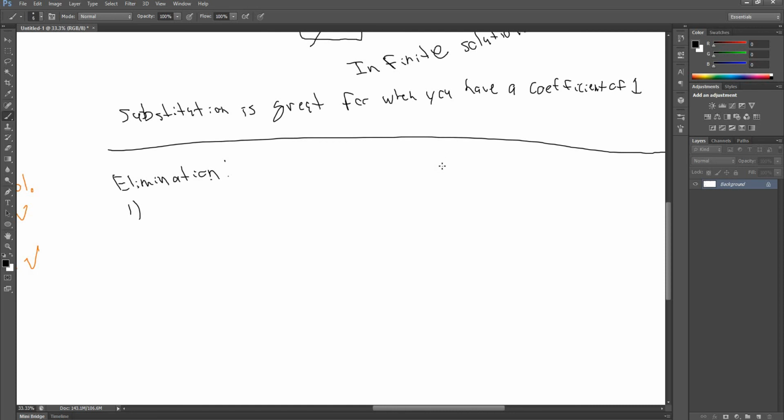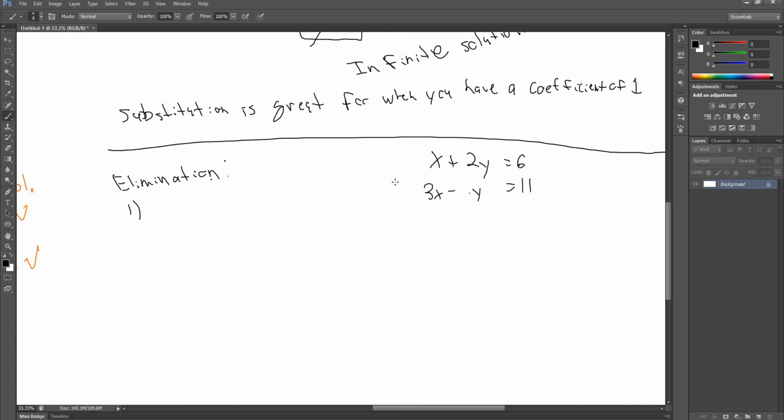I want to do one that actually requires us to multiply. x plus 2y equals 6, 3x minus 2y equal to 11. Sorry, this should be minus y. I skipped ahead. So 3x minus y equals 11.